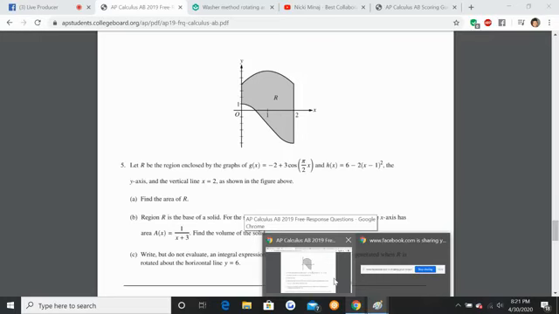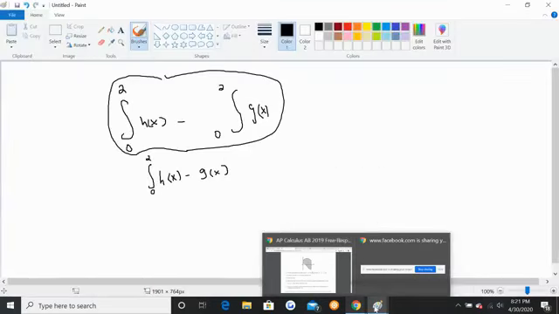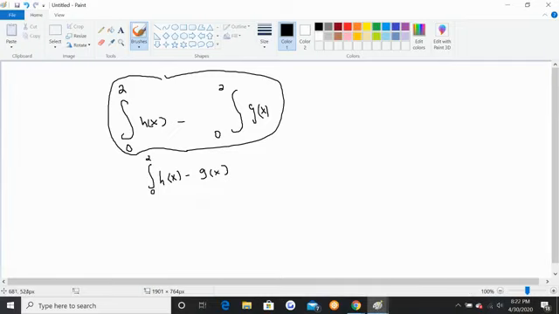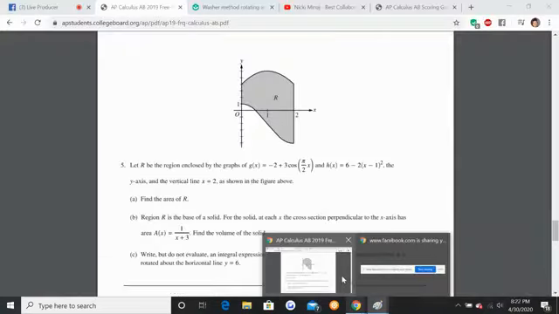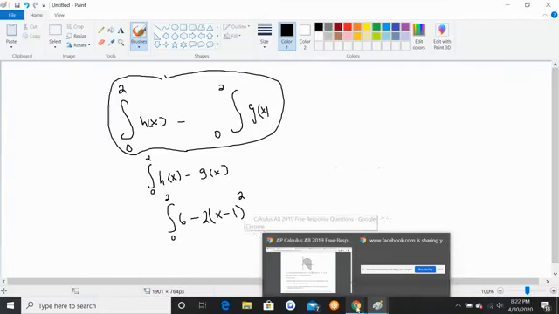As we can see, h of x is going to be equal to 6 minus... Okay, yeah, we got that.